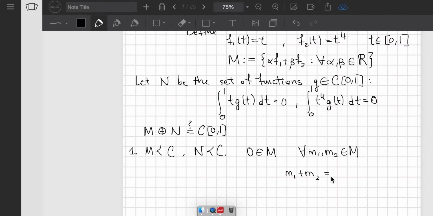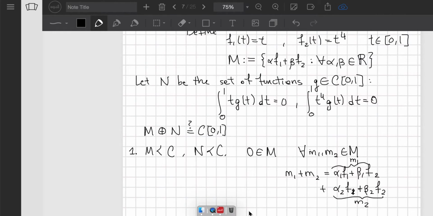Let's see. We can write this knowing that they both have to be the sum of alpha f1 and beta f2 for some alpha and beta. So we can write this as alpha 1 f1 plus beta 1 f2 plus alpha 2 f1 plus beta 2 f2, where the first part is m1 and the second part is m2.